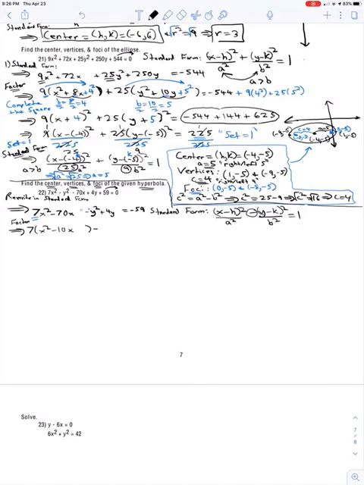As I factor out the negative here, now remember you're factoring out of both terms, we're left with y squared and a negative 4y, equal to negative 59. So that's key. Make sure you're factoring out of both the x terms and both the y terms.